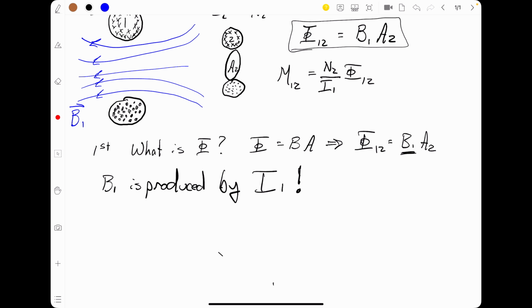I1 produces it. The mutual inductance of coil 1 on coil 2 then is, we could say that if we multiply I1 times that mutual inductance, then we'll have N2 times the phi going through.